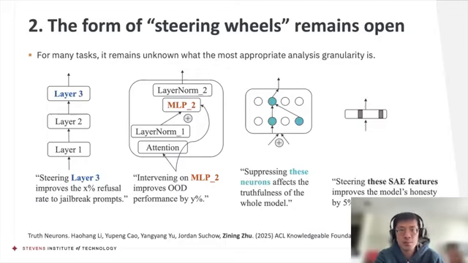So the steering wheel could appear in the granularity of a layer or a component within a layer, for example, an MLP or a layer norm or one of the attention heads. Or some people also say that some neurons or a subset of the model weights appear to be the steering wheels. And we have also seen that the sparse autoencoder features can also be successful steering wheels.